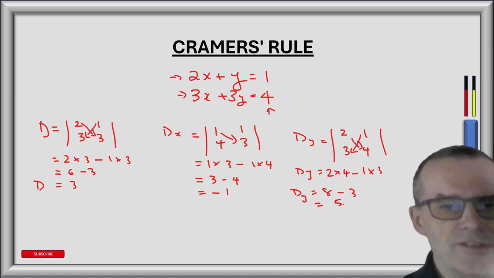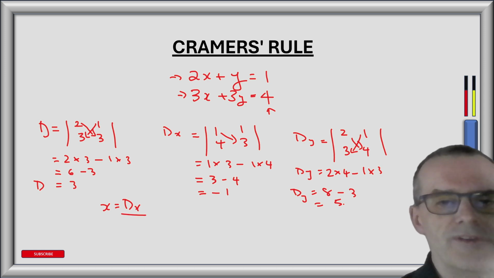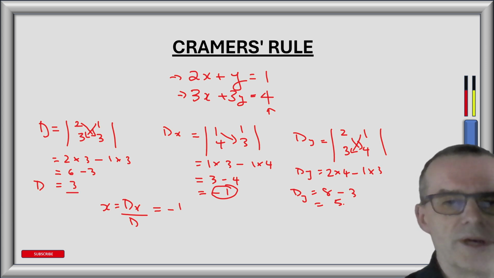Now the values of x, so x is equal to the determinant of x divided by the determinant of the coefficient matrix. So dx is minus 1, and the determinant is 3.